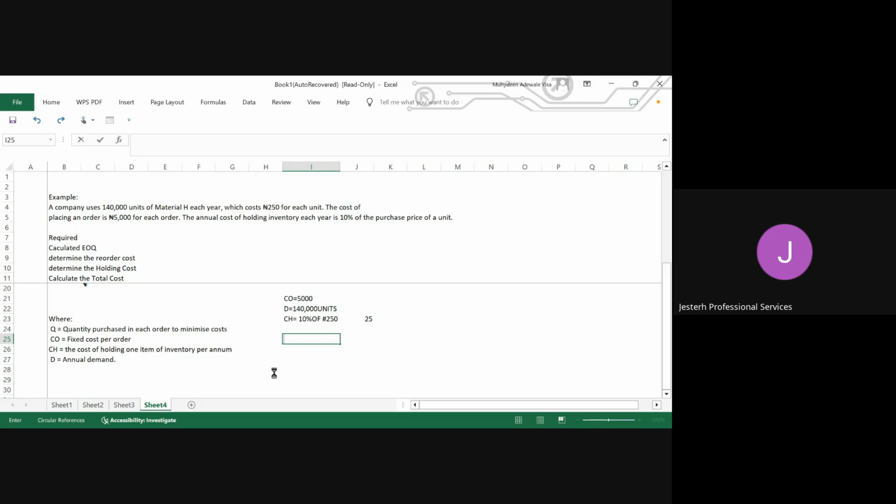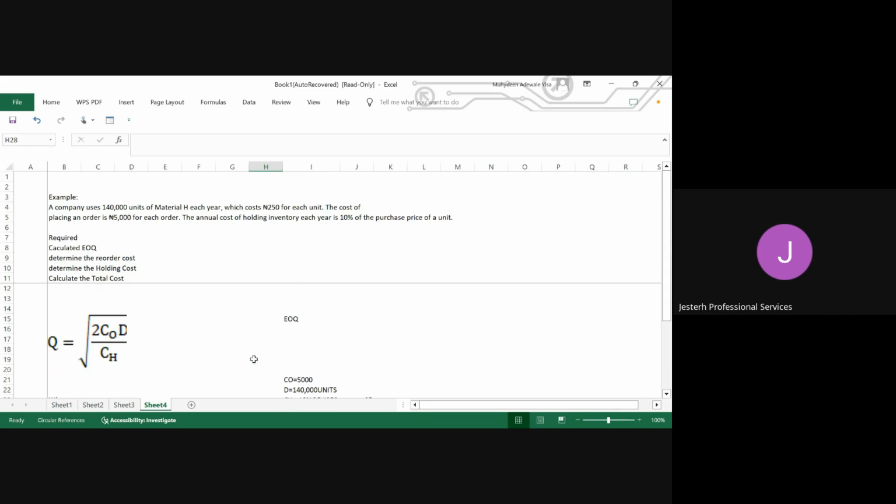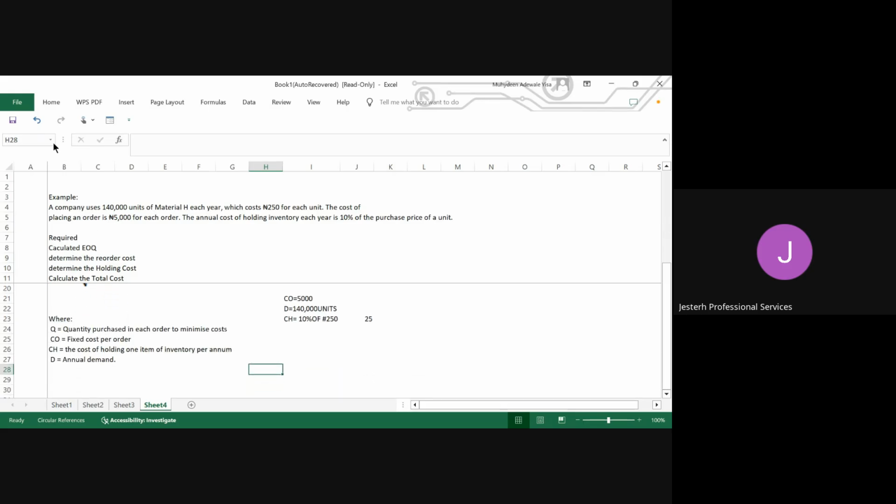Now, let's calculate our EOQ. Remember, this is the formula that we are using. Let me use this to understand how we are going to use it.